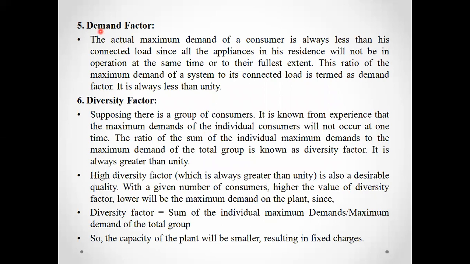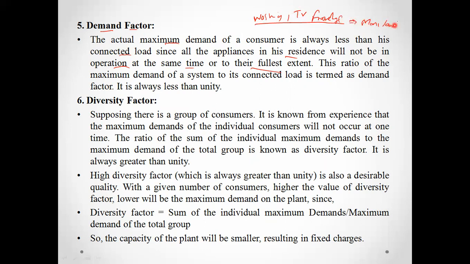Then about the demand factor. What is the demand factor? The actual maximum demand of a consumer is always less than his connected load, since all the appliances in his residence will not be in operation at the same time or to their fullest extent. We know that in our household we have a washing machine, TV, fridge and so on. Combined, we calculate the total load, which gives the maximum load.